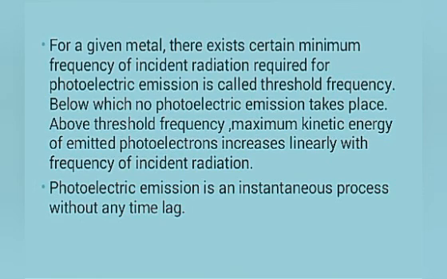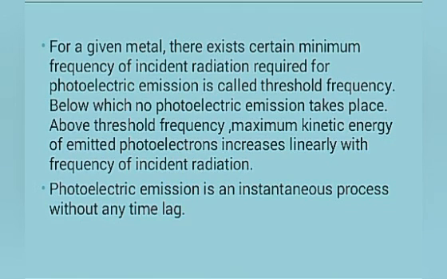That indicates the stopping potential is directly proportional to frequency. So maximum kinetic energy can be written as e V naught. Hence, the maximum kinetic energy of the photoelectrons also depends on frequency.